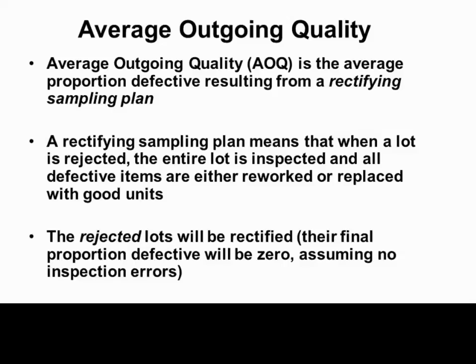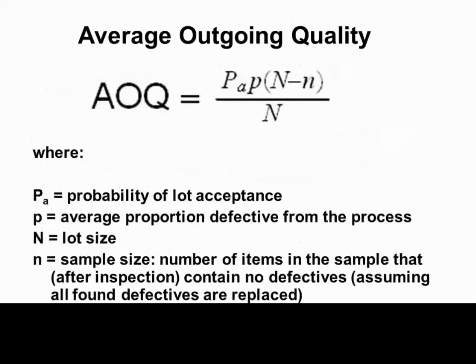So your rejected lots are going to be shipped with 100% good product. So this average outgoing quality can be different than the incoming quality. It should be better.